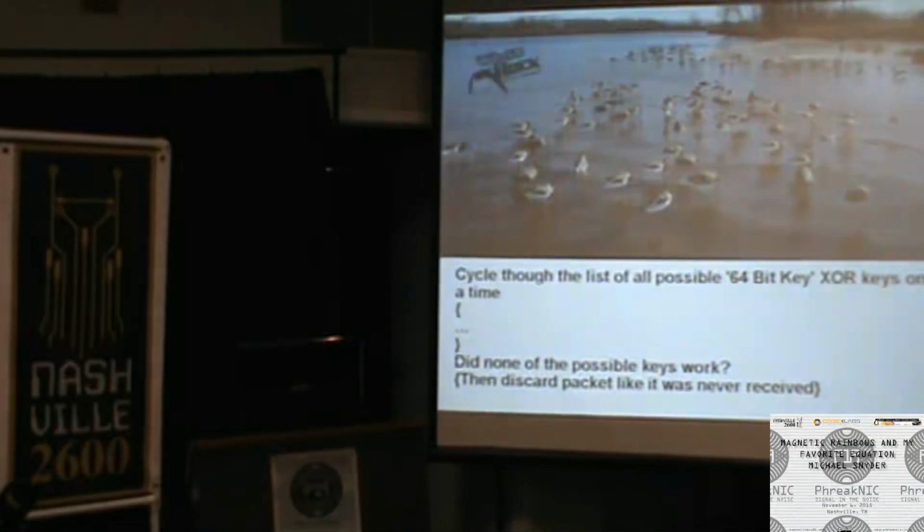It'll try the limited sets of choices, and after every choice is tried, it'll kick it out. But the eavesdropper won't know that. So the eavesdropper keeps trying more and more and more XOR keys. This is a pretty nasty thing to do to the eavesdropper. Next slide, please.